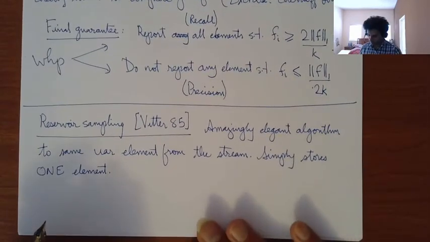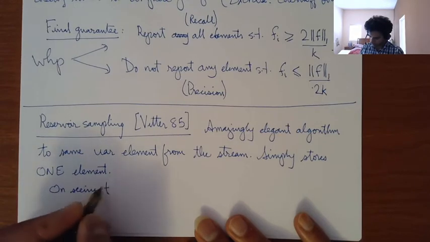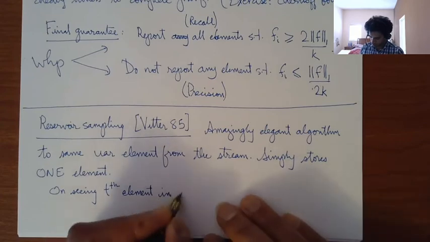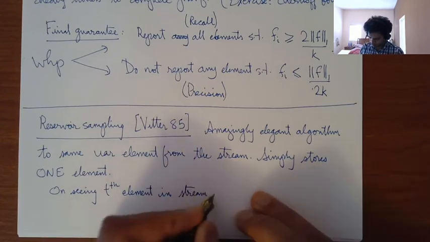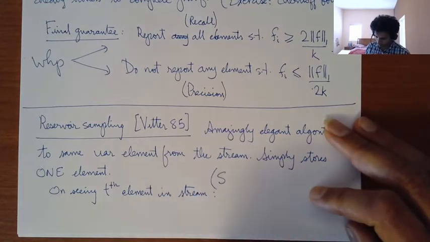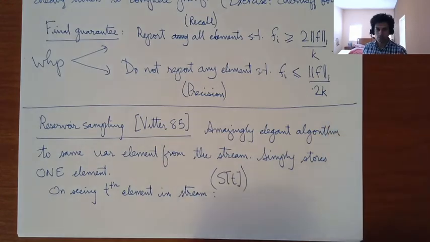So here's the algorithm. On seeing the tth element in the stream. So I'm just going to refer to the stream as S, and I'll say this is S of t. Right? This is the tth element of the stream.